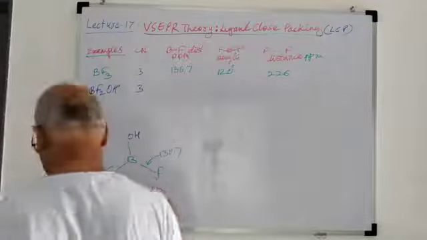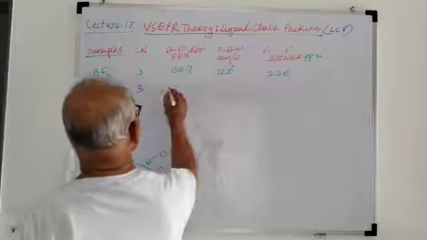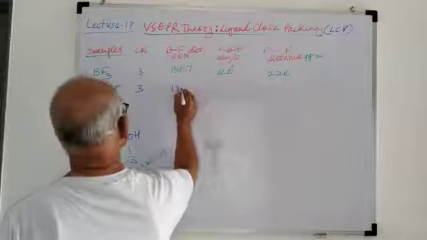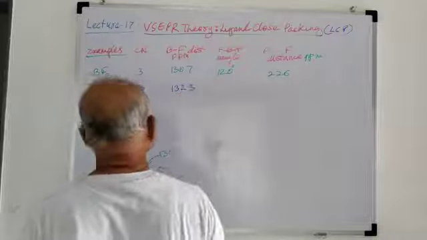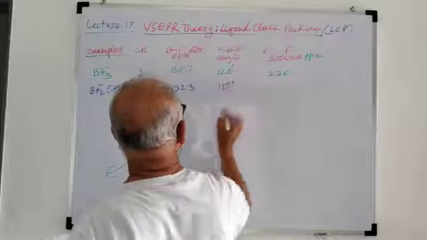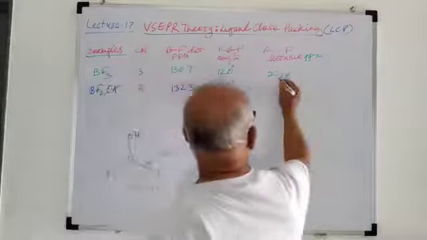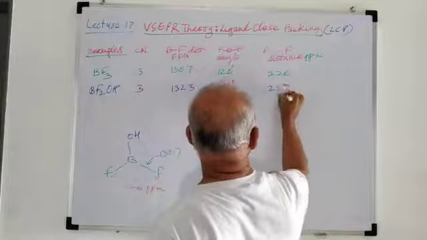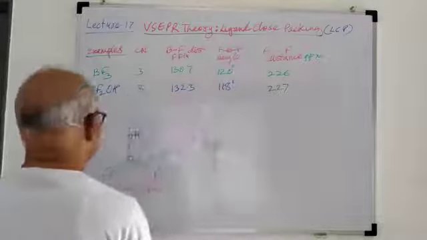The BF distance changes, it becomes 132.3. Then the bond angle becomes 118 degrees, and the FF distance becomes 227 ppm.